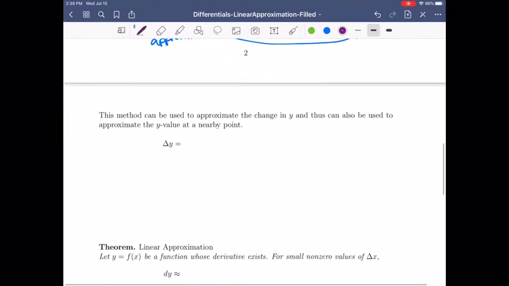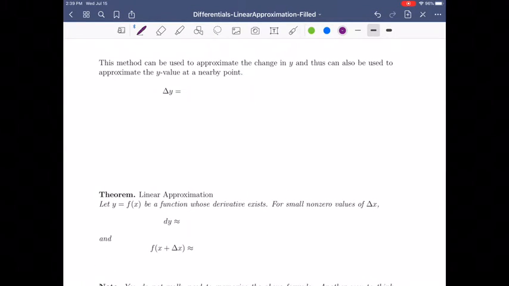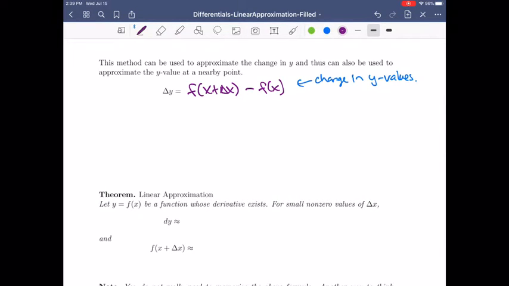So we can use this method to approximate the change in y, and therefore approximate the actual y value. We know that delta y is f of x plus delta x minus f of x. Those are the change in the y values. Since dy is approximately delta y, then dy is approximately equal to this.